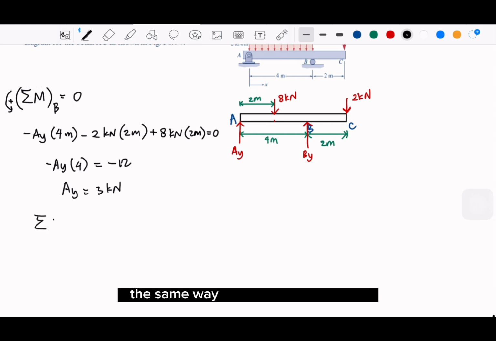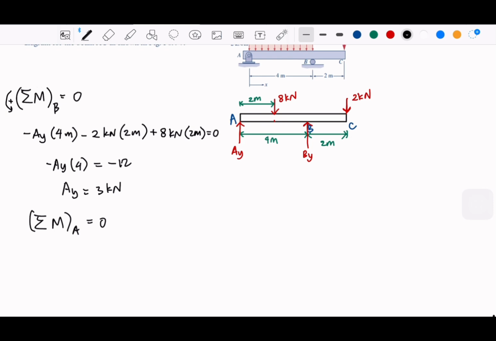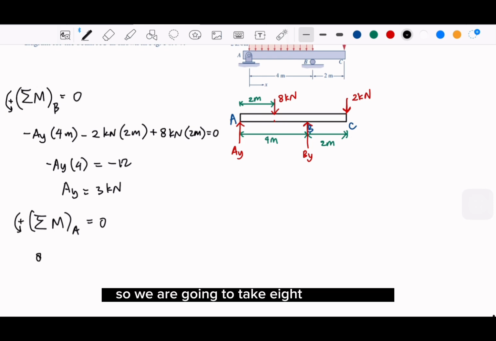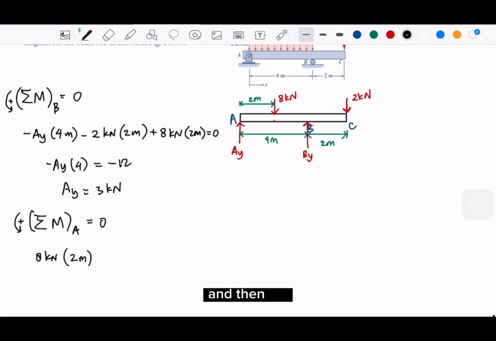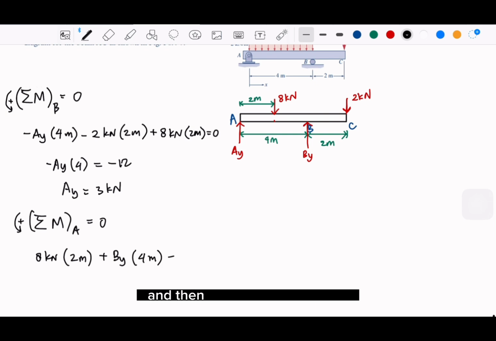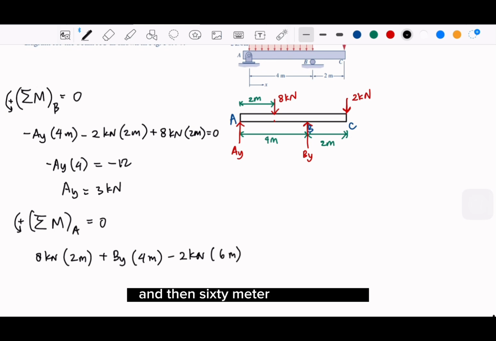Okay, same way for sigma moment at A, that is equal to 0. So we are going to take 8 kilonewton multiplied with 2 meter, and then plus BY times 4 meter, and then minus 2 kilonewton times 6 meter equal to 0.